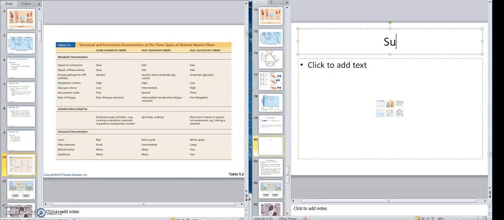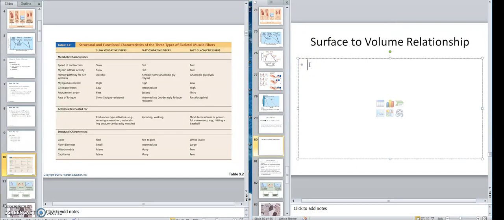Surface to volume. All right. Now, surface area is a squared term. What does that mean? Length times width. So if you say what's the surface area, you do length times width.